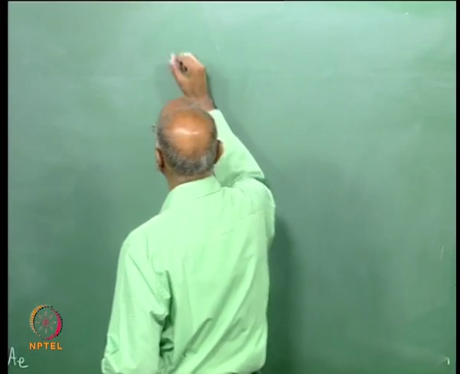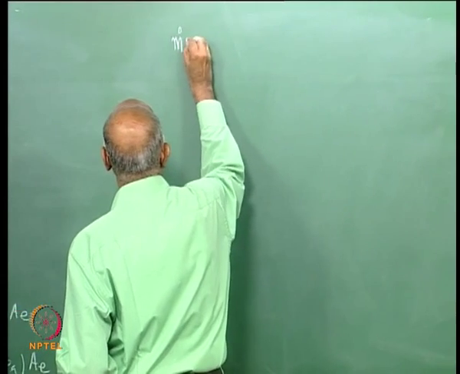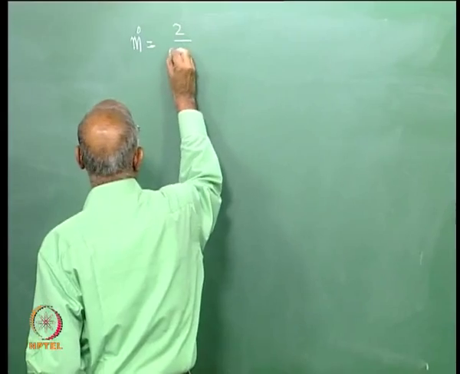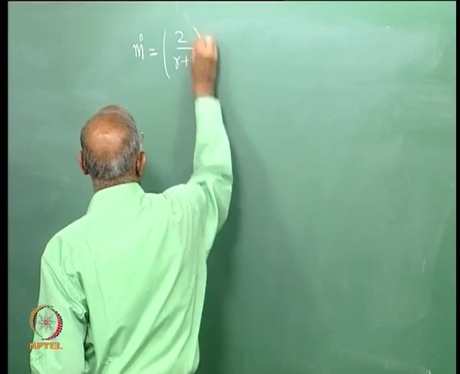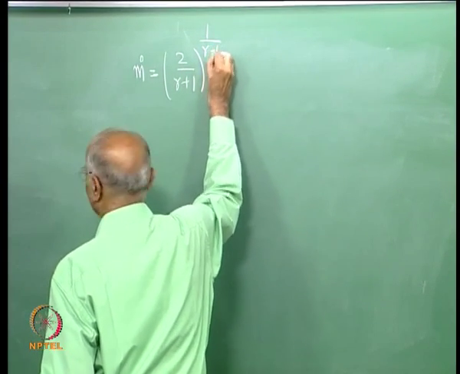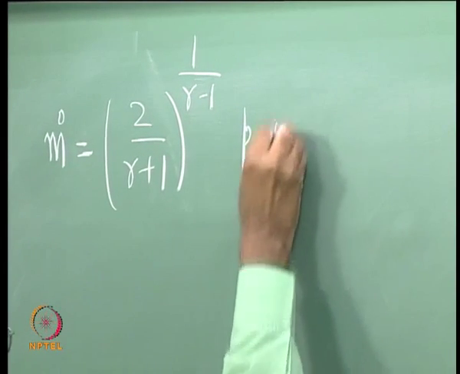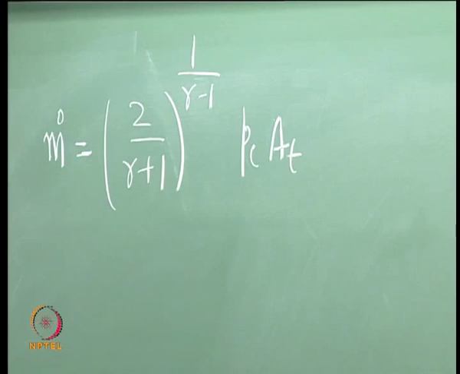Therefore, m dot, the mass flow rate, is equal to 2 over gamma plus 1 to the power 1 over gamma minus 1 into Pc. I take At over here together.